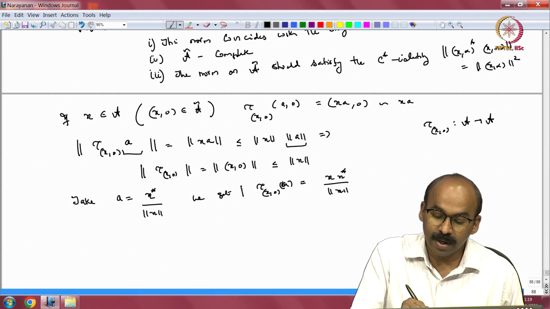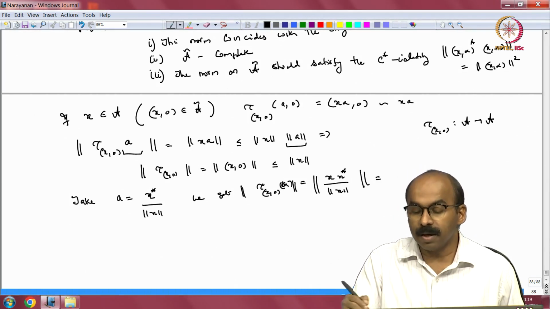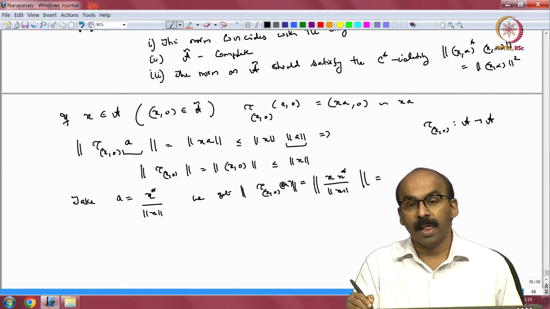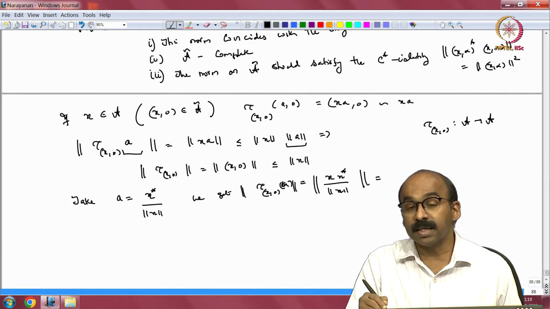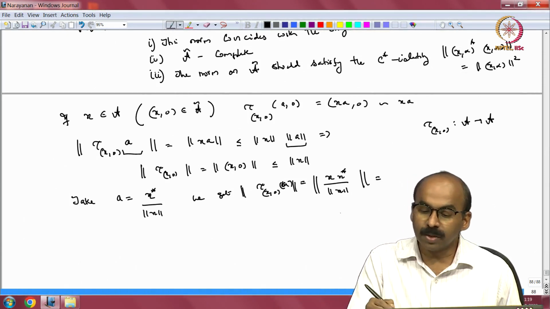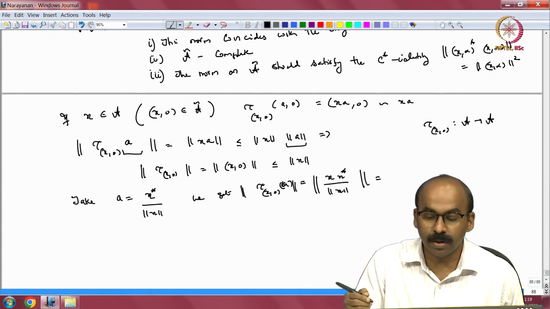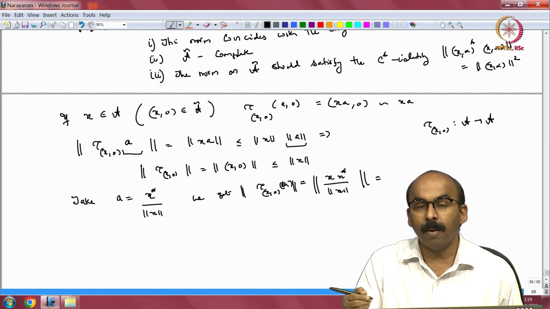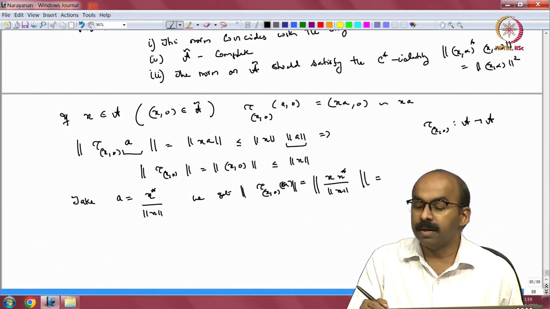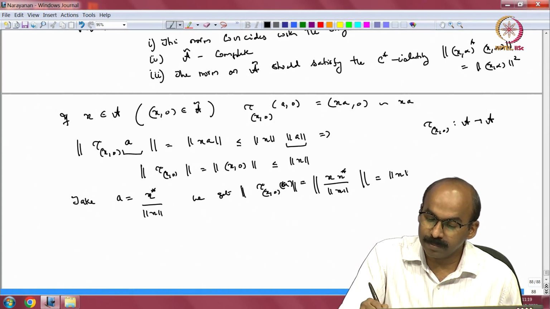If I take the norm of this, everything is happening in A. What is the norm of x star x? That is norm x squared, because A is a C star algebra; it just does not have an identity. So I am going to get norm x squared, and in the denominator I have norm x, so I will get norm x.